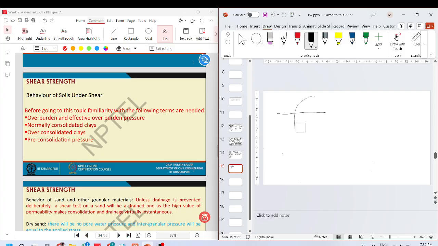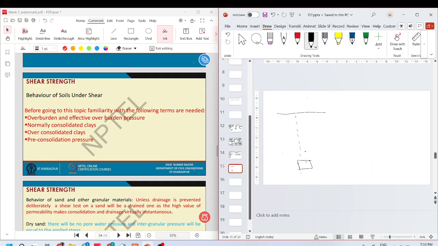Like if I take a sample from here, whatever stress was on this sample, maybe in its history, when we're talking about what kind of stress it has, it's mainly about overburden.